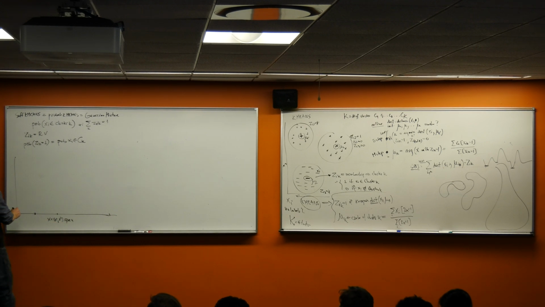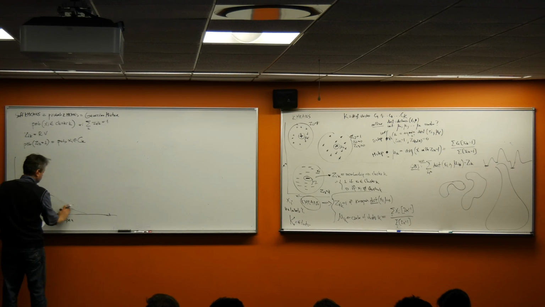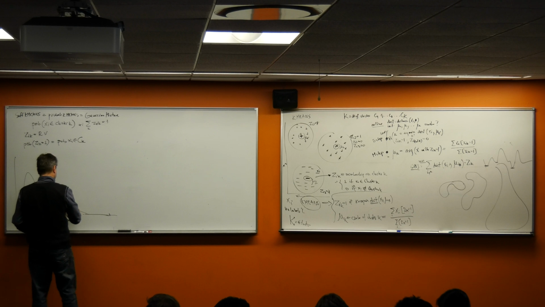And what I want to do is express the cluster as a Gaussian. Remember, my cluster is not deterministic now. It's based on probabilities. So what I'm going to say is I have some Gaussian here. It's not exact. Gaussian here. And some Gaussian here.